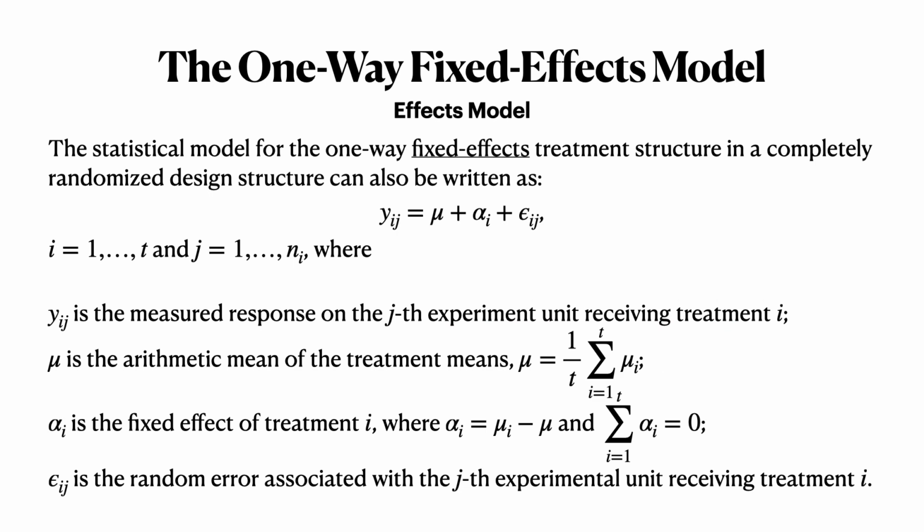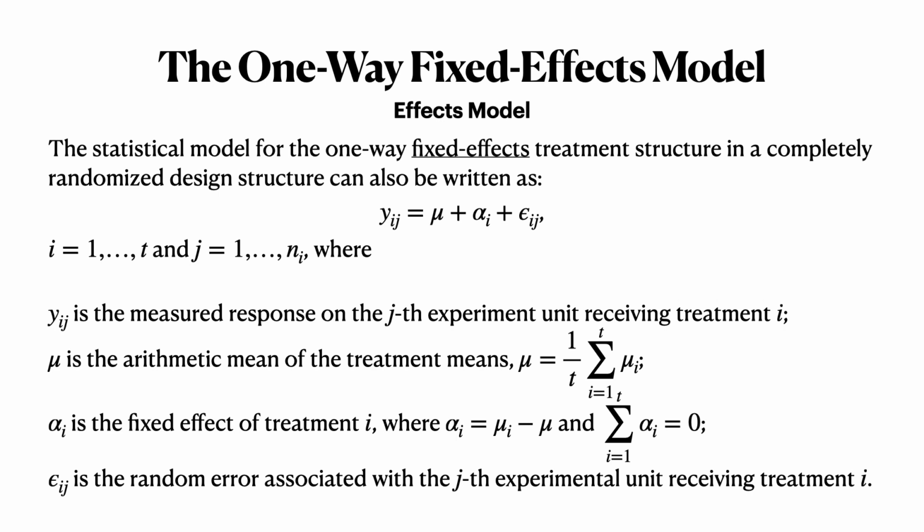The one-way fixed effects model can also be expressed as an effects model as follows. Y sub ij equals mu plus alpha sub i plus epsilon sub ij, where y sub ij is again the measured response on the jth experimental unit receiving treatment i. Mu is the arithmetic mean of the treatment means, so it's equal to 1 over t times the sum, i going from 1 to t, of the mu sub i's.